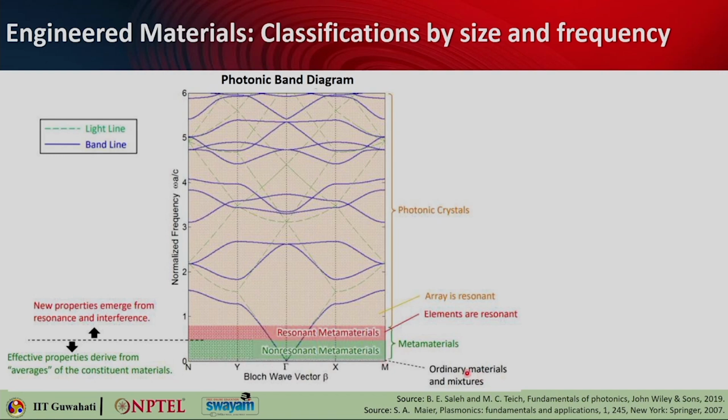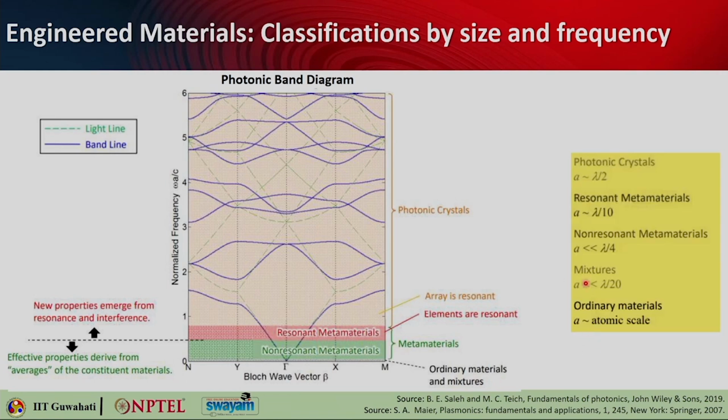When it is very small, almost atomic scale, that is where ordinary materials and mixtures come into the picture. For ordinary materials, a is in the atomic scale; the interatomic distance is typically an Angstrom, which is 0.1 nanometer. When you mix those ordinary materials together, you get mixtures, which typically have a similar or slightly larger length scale.